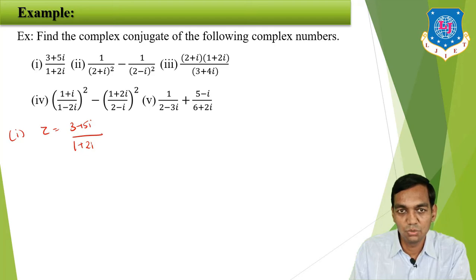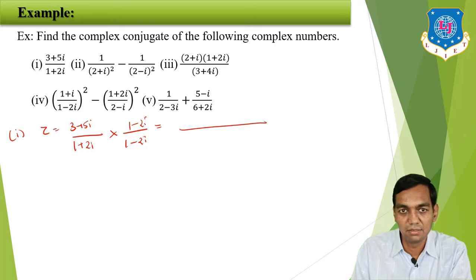So what I am going to do here is multiply with the conjugate of the denominator, and that will directly give you, in the denominator, 1 square plus 2 square.